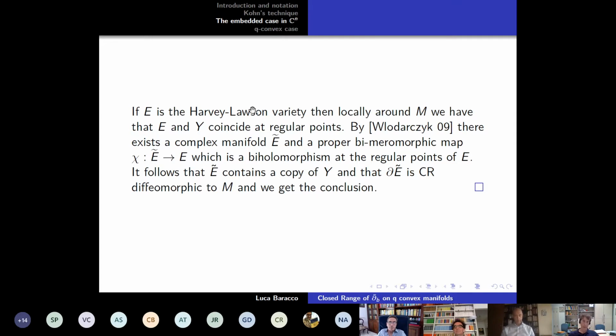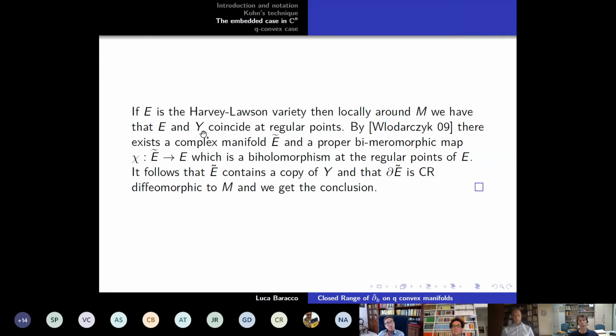Now Y, the collar that I just showed you, is contained in E, and these two sets coincide at the regular points of E. Now, by a desingularization argument, there exists a complex manifold, E tilde, and a proper bimeromorphic map chi from E tilde to E, which is a biholomorphism at regular points of E. Now, the singular set of E is an analytic set of lower dimension.